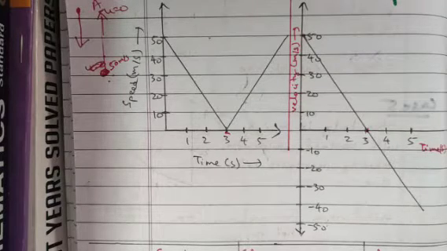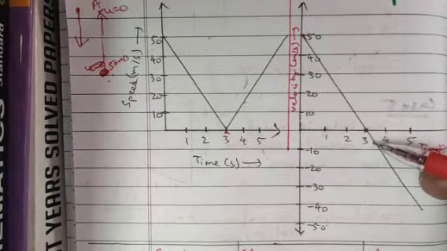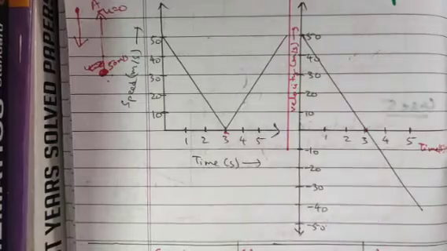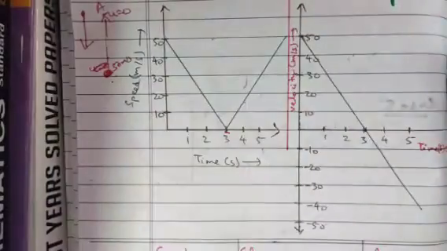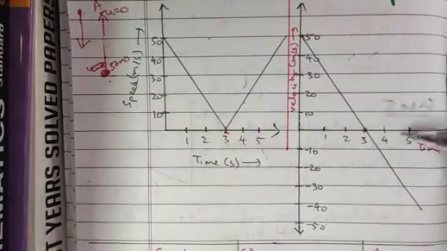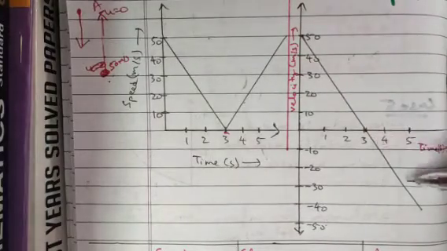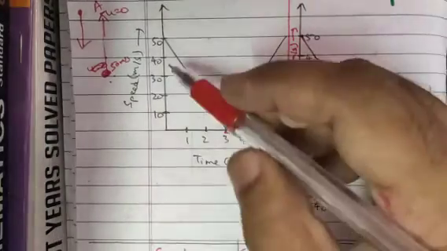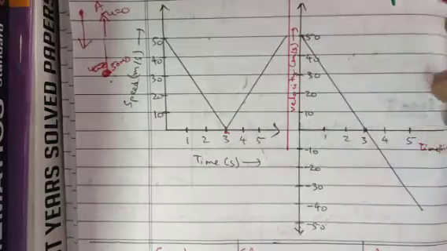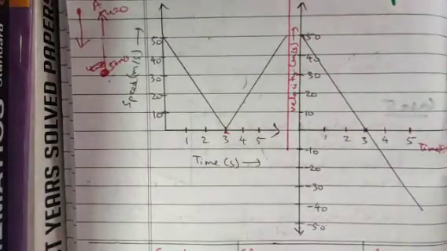Very important to note over here, since the direction is reverse, the speed will be increasing in the negative direction, because velocity is a vector quantity, so the graph will be like this. Okay, so speed time graph will be like this and velocity time graph will be like this.